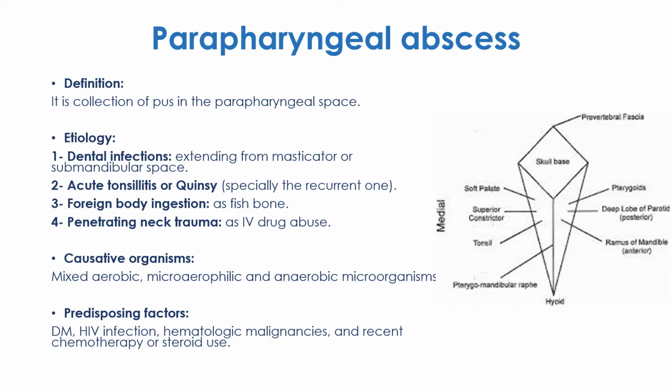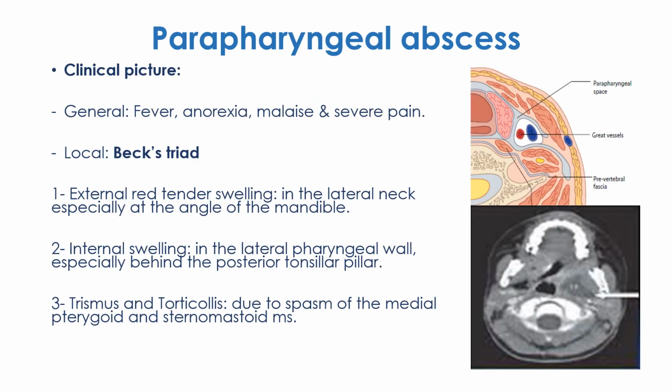The causative organisms for parapharyngeal space infection are usually mixed infection by aerobic, microaerophilic, and anaerobic microorganisms. It is a serious infection which normally happens in predisposed patients with diabetes mellitus, HIV infection, hematological malignancies, and recent chemotherapy or corticosteroid therapy.